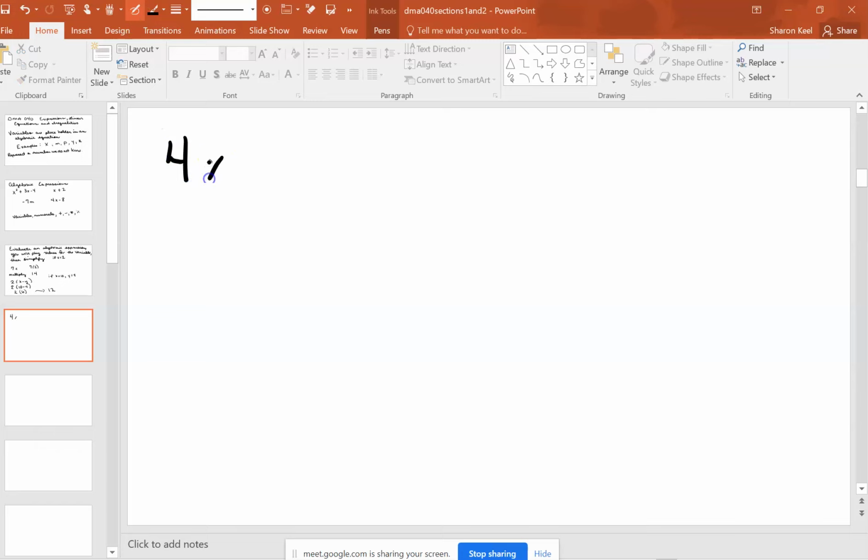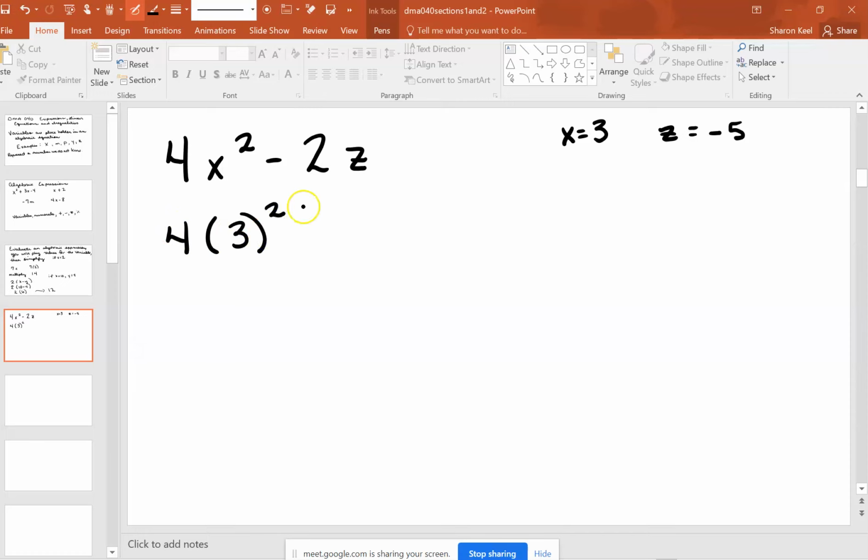So let me explain how that is going to work. In this particular expression, we're going to say that x is a 3, and we're going to say that z is a negative 5. So that would mean we're going to have 4 times the 3 squared minus 2 times negative 5.